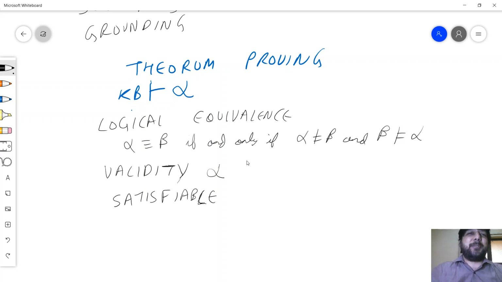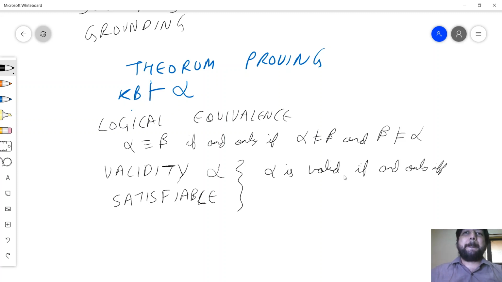It's satisfiable. Now the two are related to each other. Alpha is valid, or to say they are duals of each other, if and only if not alpha is not satisfiable. So I look at the inverse model. Can I satisfy the inverse model? There's absolutely no way to satisfy the inverse model.